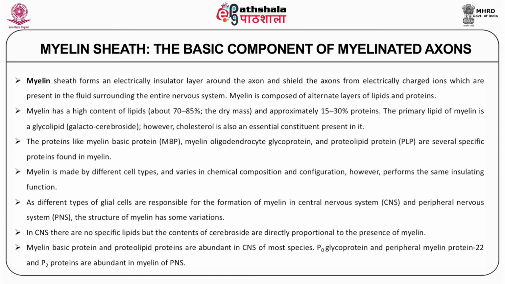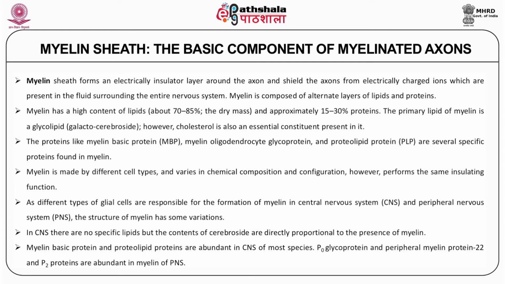Myelin is made by different types of cells and varies in chemical composition and configuration. However, they perform the same function, which is the insulating function for axons, as different types of glial cells are responsible for formation of myelin in the central nervous system and in the peripheral nervous system. The structure of myelin has some variations.